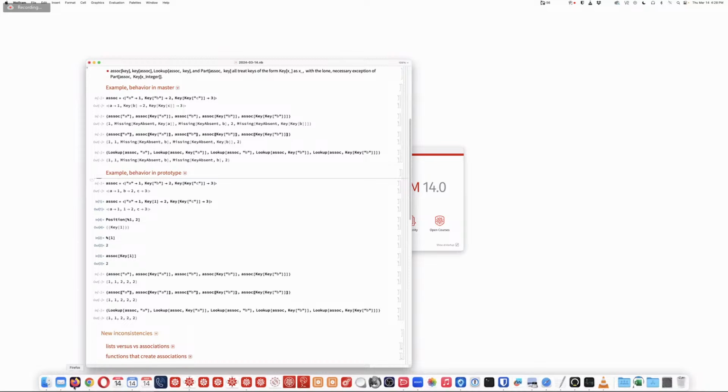Right. And I think Rob's argument is if you have lookup of something comma X, where X is a module variable, and you really want it to be treated as a single key, you can just write key of X there.